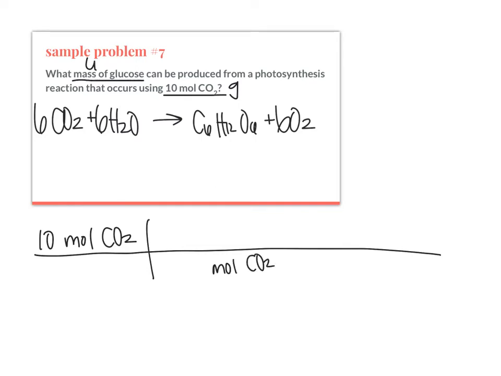I'm trying to get to the mass of glucose, so I can't go from moles of CO2 to grams of glucose. So I have to go to moles of glucose, which is C6H12O6. If I have moles of glucose on top, guess what? Okay, and now can I go from moles of glucose to the grams of glucose? Yep.